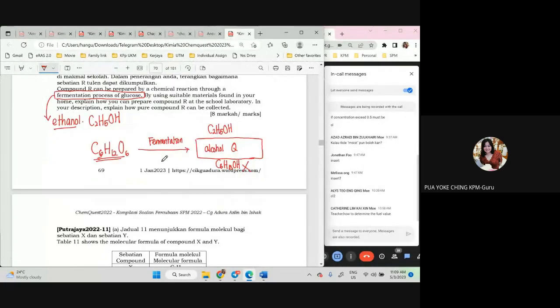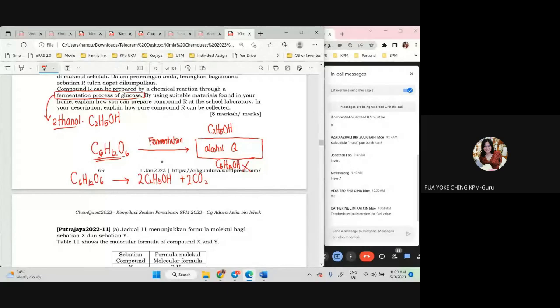Okay. Sebab formula dia, equation dia ialah C6H12O6. It will produce C2H5OH plus CO2. Balance equation 2. So you got 6C, 6O, and 12H.